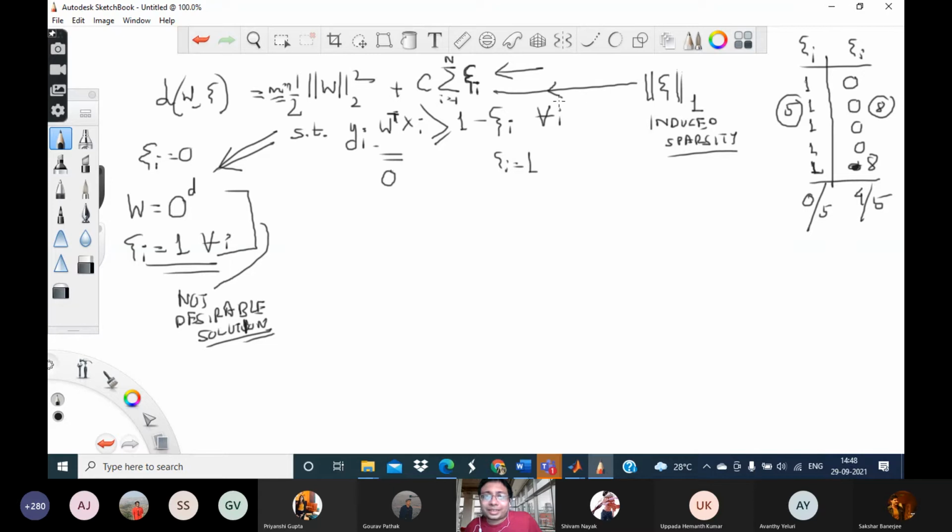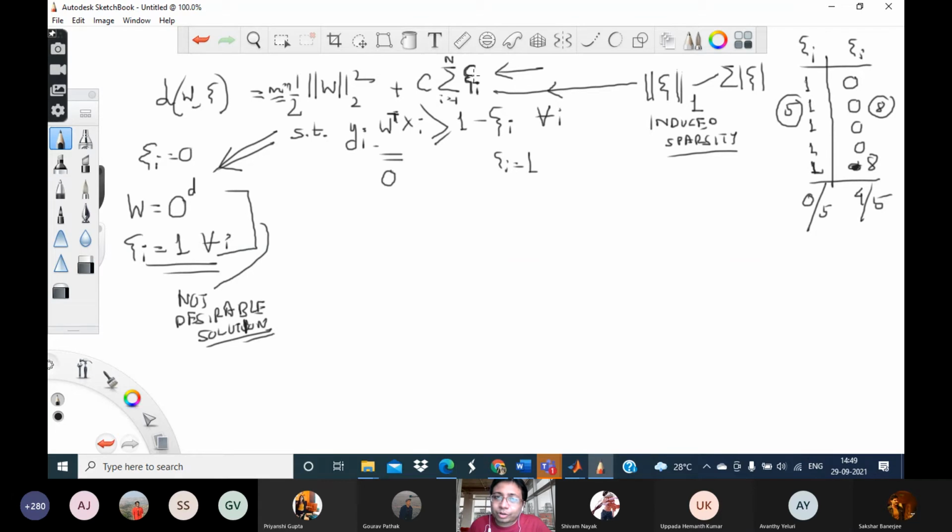now comes the magic. You can see that this is actually the same as the L1 norm of xi. Why? Because the xi's are greater than or equal to 0. The L1 norm of a vector is nothing but the sum of the magnitudes.